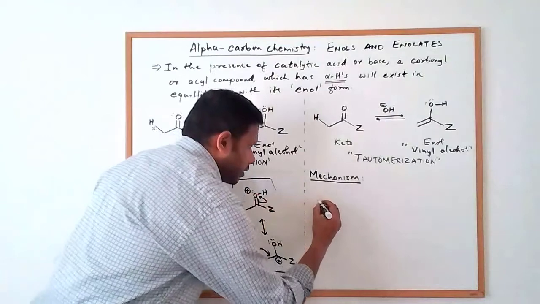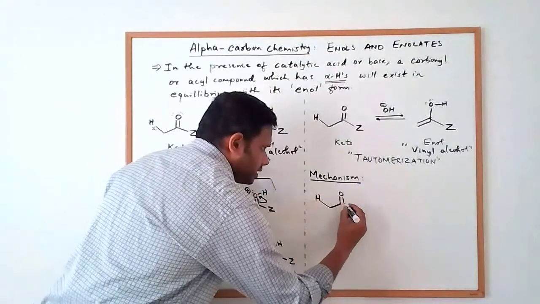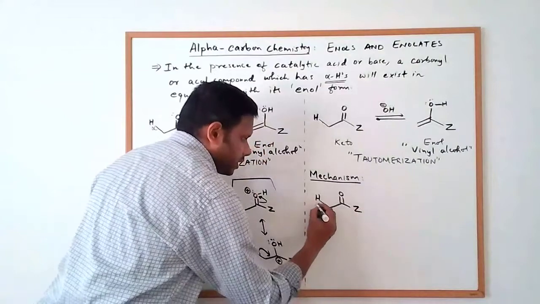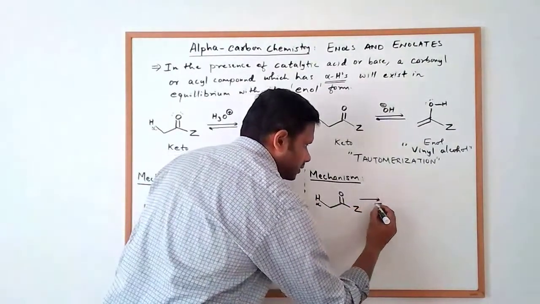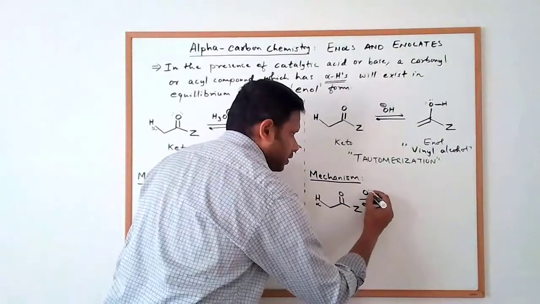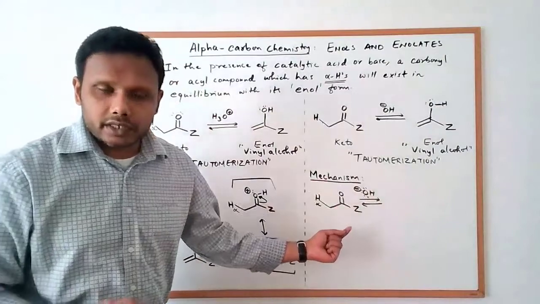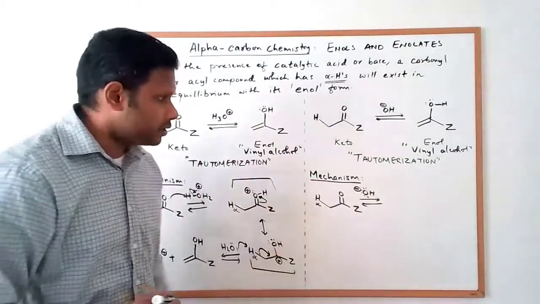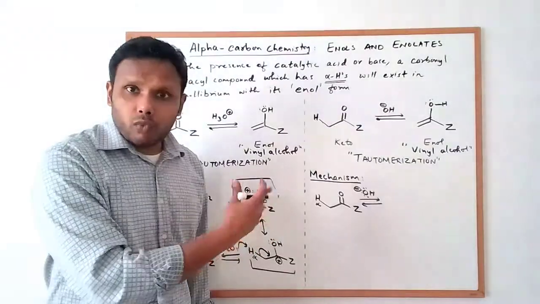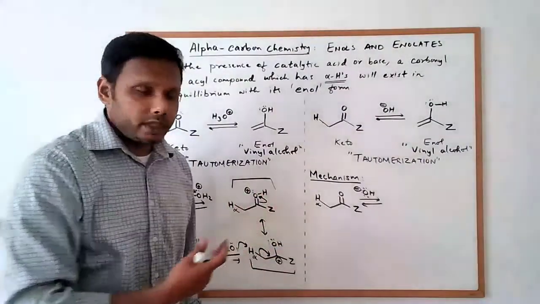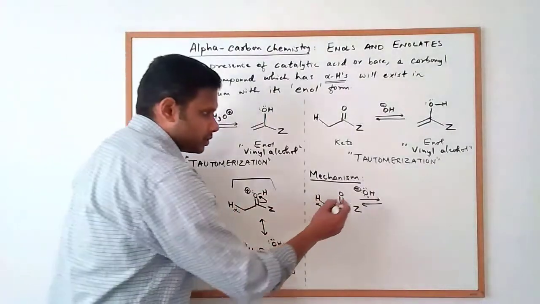Now the mechanism can also be written under basic conditions, although it will be slightly different. So that's our alpha hydrogen. And under basic conditions, the base, I'm using hydroxide here, but any strong base can do this. And we will look in more detail at what bases are best for doing these reactions, or what the requirements of a base are to do this process.